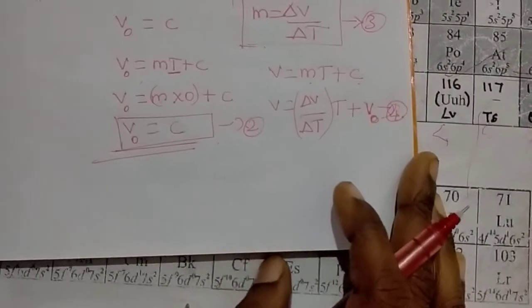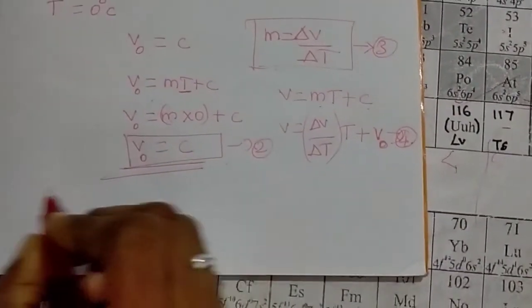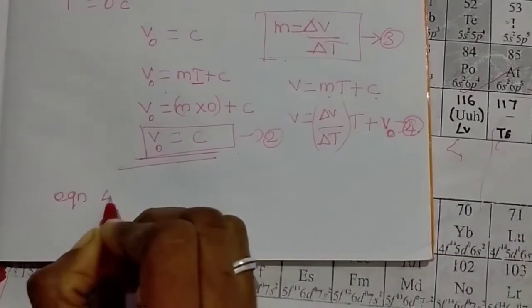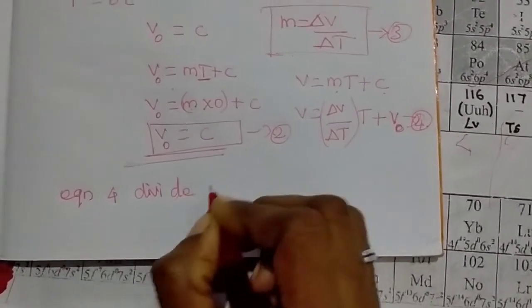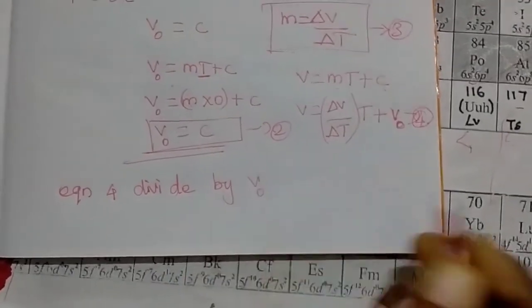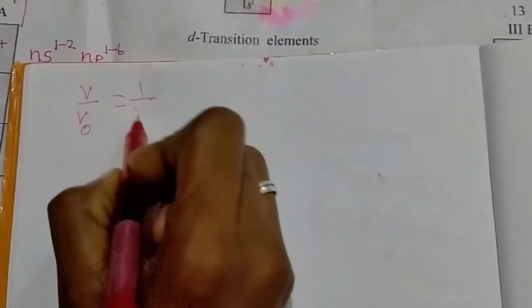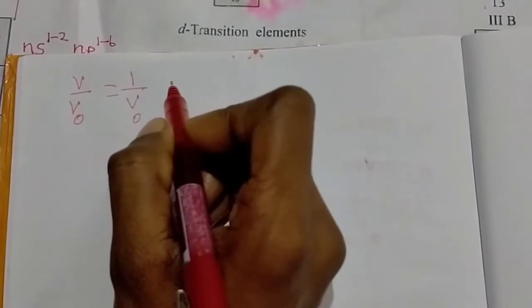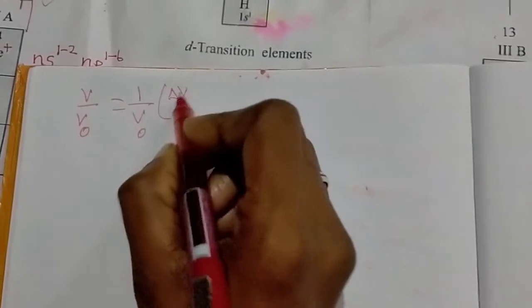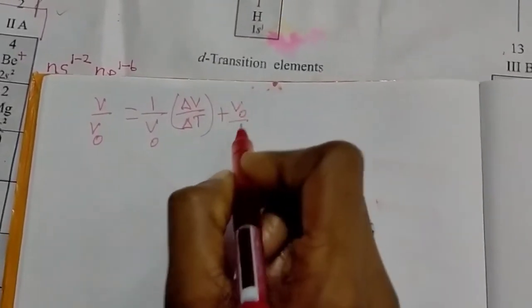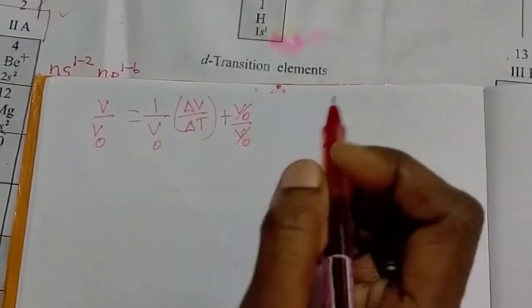So divide equation 4 by V0. V divided by V0 is equal to 1 by V0 into delta V by delta T plus V0 by V0, which is 1.